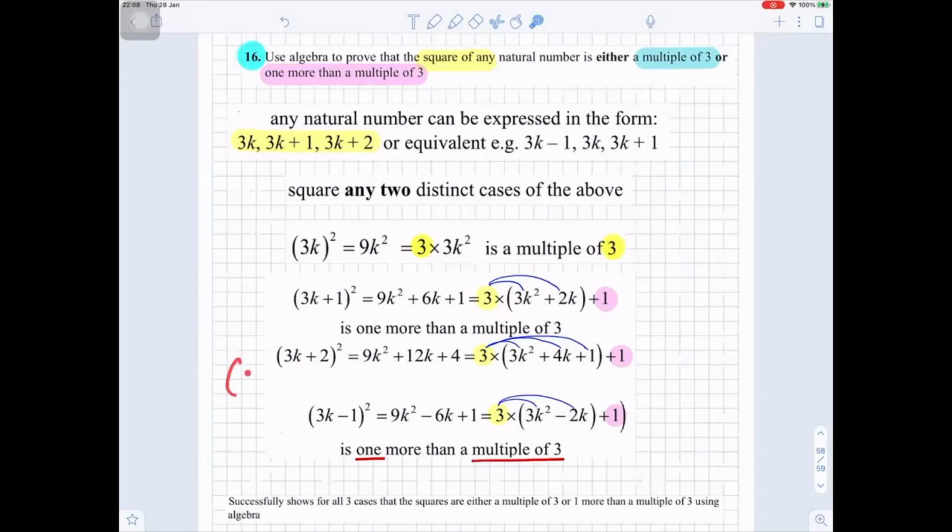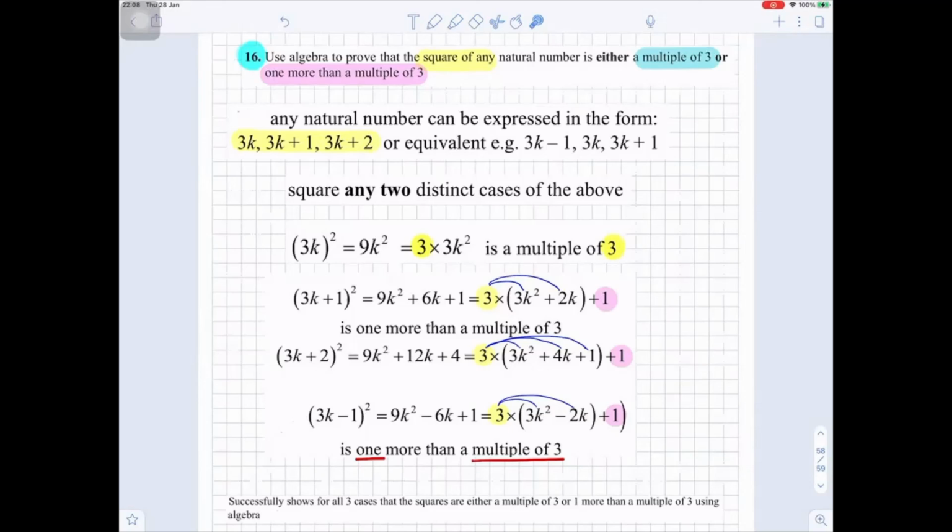Now 3k plus 2 all squared. When we write this out and multiply it, 3k plus 2 times 3k plus 2, it gives us 9k squared plus 12k plus 4. 9 is 3 times 3. 12 is 3 times 4. So we can take 3 out, and we're left with 3 times 3k squared plus 4k plus 1, because 4 is the same as 3 plus 1.